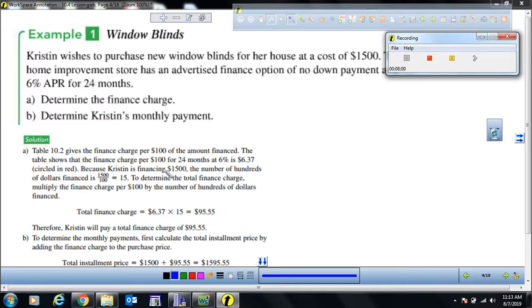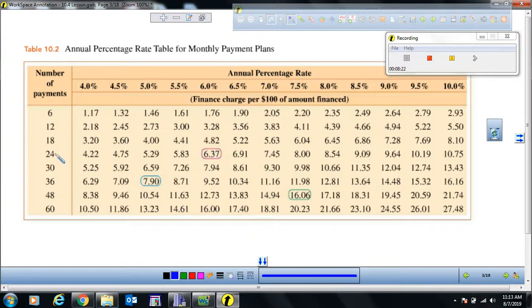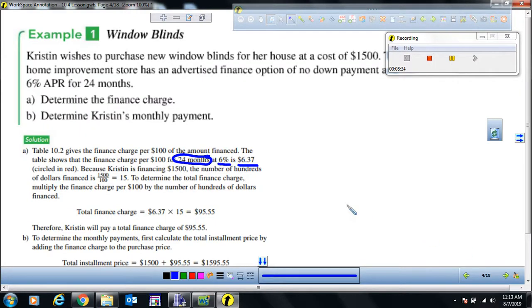If I go to table 10.2 and look for 24 months at 6%, this is the amount of dollars that is going to be charged for every $100 of the total finance amount. You see it's already circled here, $6.37, the finance charge for every $100 of the amount financed.